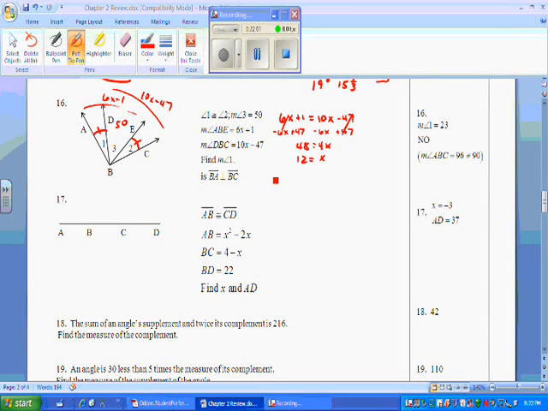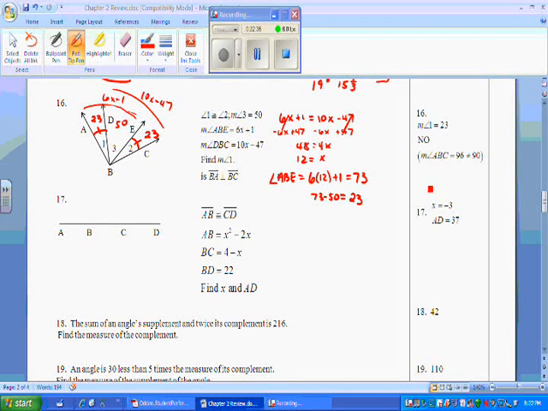Well, ABE is equal to 6 times 12 plus 1, which is equal to 73. So this angle over here is 73, but that includes the 50. So 73 minus 50, I'm left with 23. So this angle is 23, which means this angle is also 23 because they're congruent.